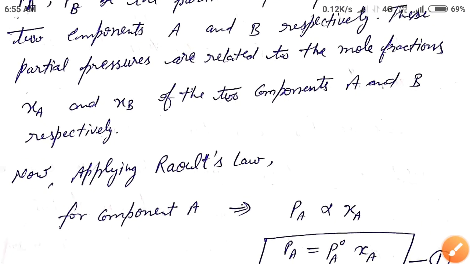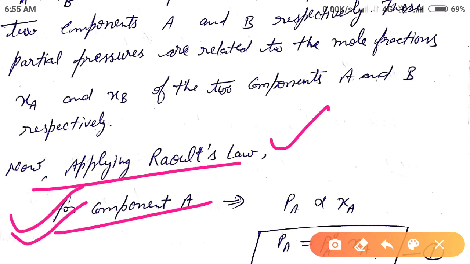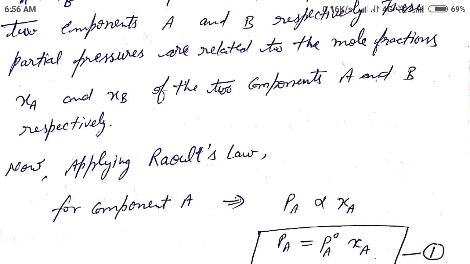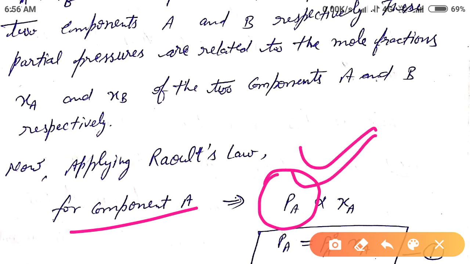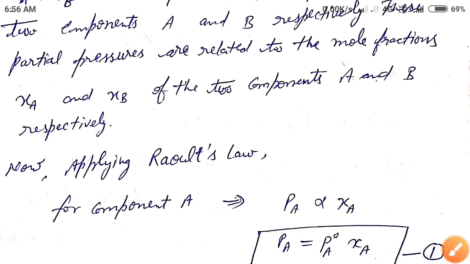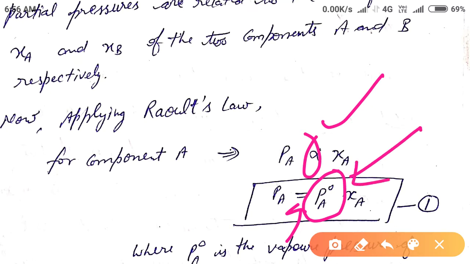Now applying Raoult's law for component A: Raoult's law says that the partial vapor pressure PA of component A is directly proportional to the mole fraction of component A. When we replace the proportionality sign with equals, a constant, P naught A, comes in.